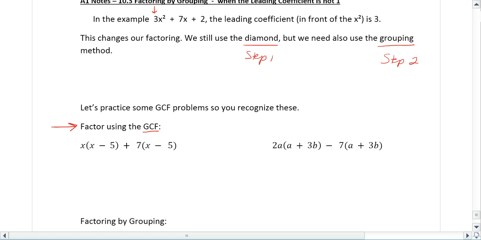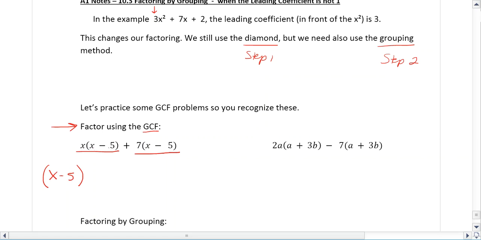This first term, I'll just underline the term, it has an x minus 5 in it, in parentheses. This second term also has an x minus 5 in parentheses. So if I asked you to find the GCF of these two terms, the GCF is x minus 5, and I'm going to leave it in parentheses.